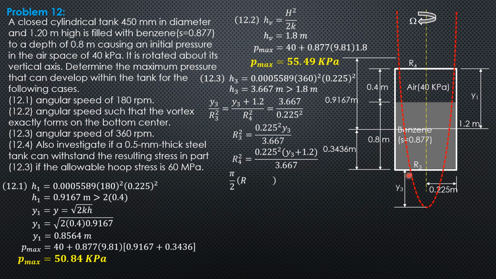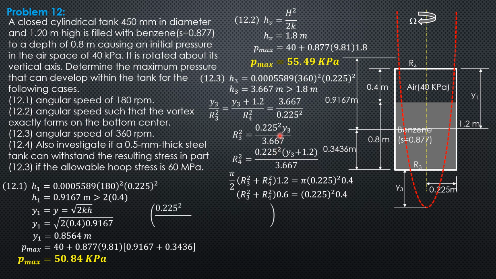So pi over 2 times the quantity R3 squared plus R4 squared times 1.2 equals pi times 0.225 squared times 0.4, the original volume of air. Cancelling out pi, 1.2 over 2 is 0.6, so the quantity R3 squared plus R4 squared times 0.6 equals 0.225 squared times 0.4.